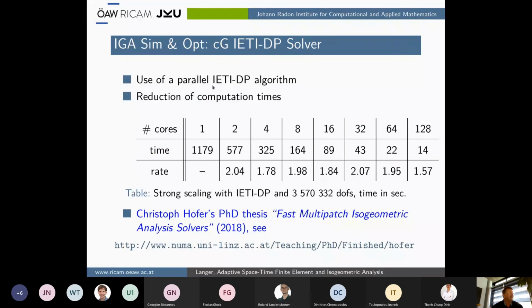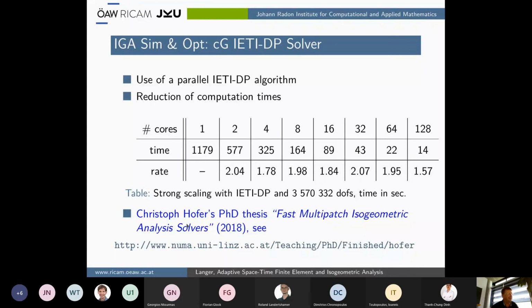This is called isogeometric tearing and interconnecting method. This is a domain decomposition method that was constructed for the solution on parallel machines. And here you see we solve a problem with 3.5 million unknowns with 128 cores on the parallel machine in 1.5 seconds.